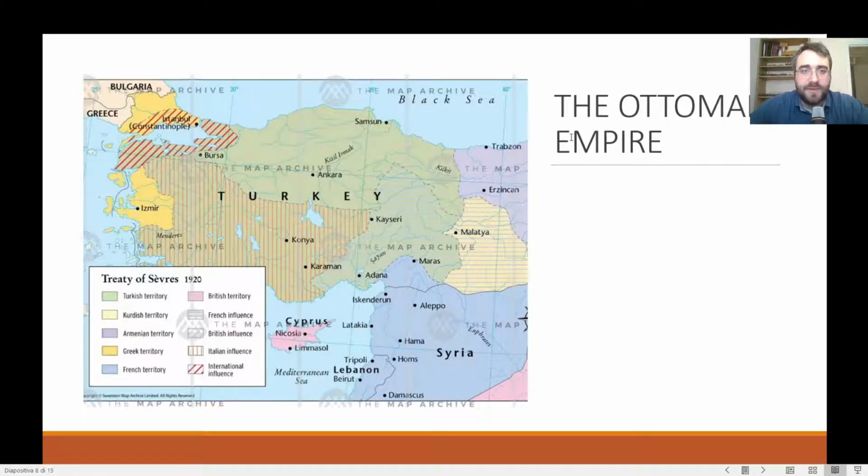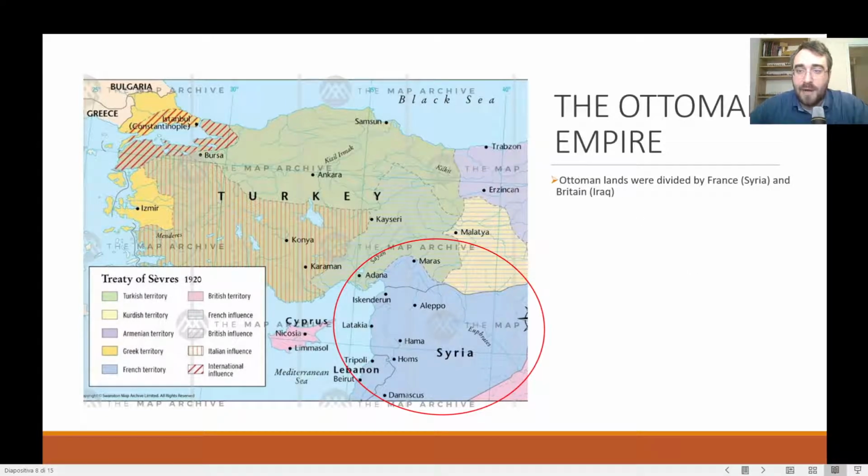Moving on to one of my favorites, the Ottoman Empire. Now, the Ottoman Empire was not much luckier than the other empires. Its territories were divided by the winning powers, mostly France, which got Syria, as you can see here in the circle, and Britain, that got Iraq. At the border of the circle, it's not part of this map. Also, Italy got the southern coast, the part that you see with vertical stripes here in the map.